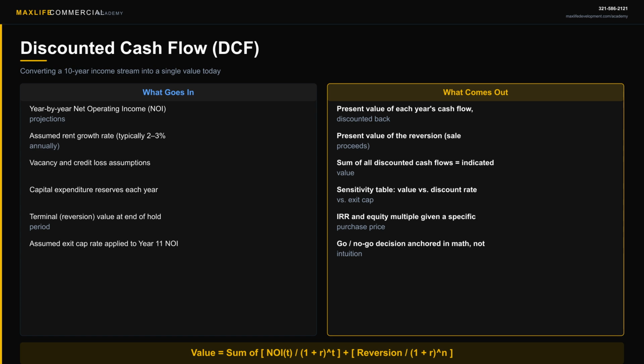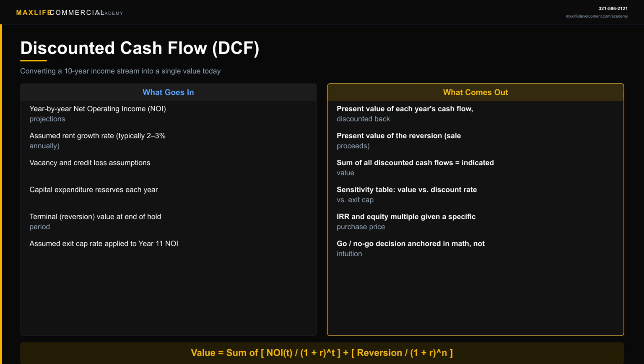You layer in your assumptions, a rent growth rate, usually 2 to 3% annually, vacancy and credit loss, capital expenditure reserves for the roof, the parking lot, tenant improvements, and finally a terminal value, also called the reversion, which is what you expect to sell the property for at the end of the hold.